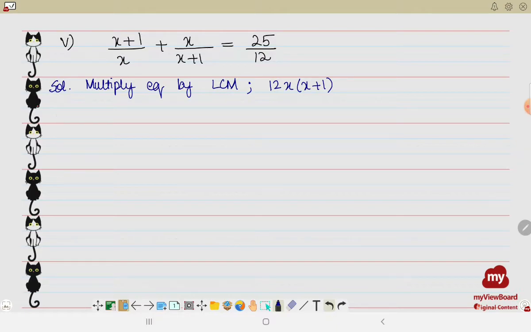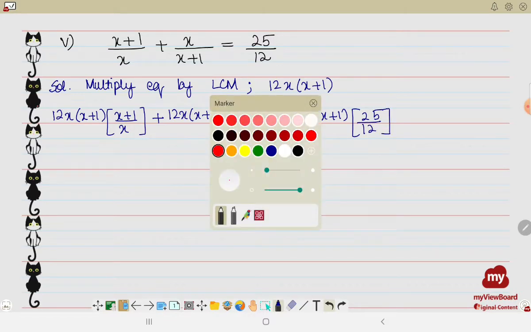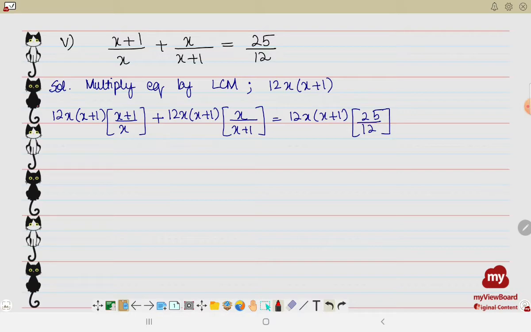Let's multiply it: 12 into x plus 1 with the first term of the equation, then again the LCM with the second term, then again the LCM with the right hand side of the equation. So you see, we have multiplied the whole equation by the LCM. Now our denominators will get cancelled.